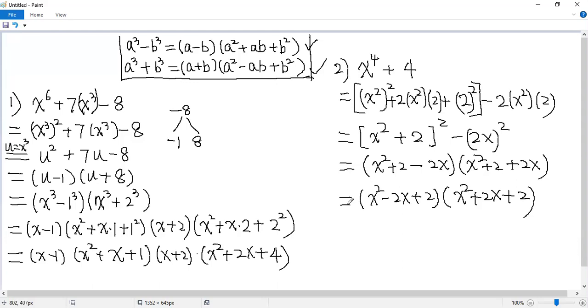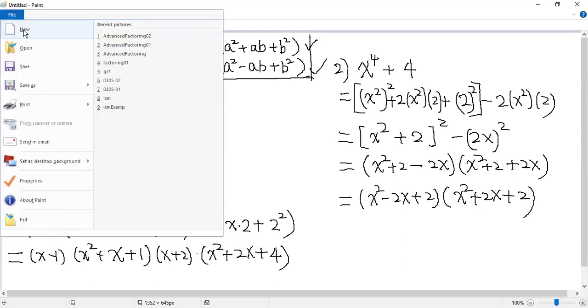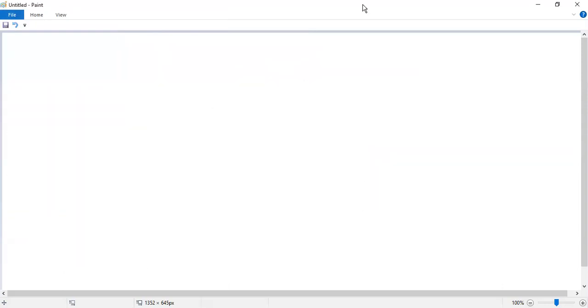Finally, let's factor a long polynomial. x squared plus 3xy plus 2y squared plus 4x plus 5y plus 3. After trying, you can see grouping doesn't work.